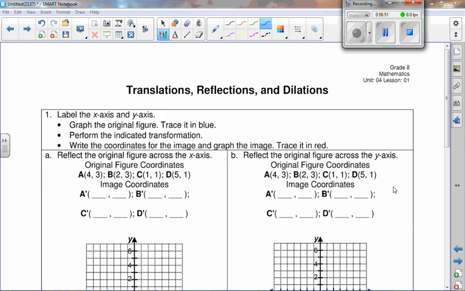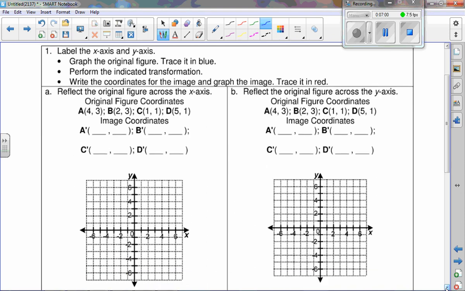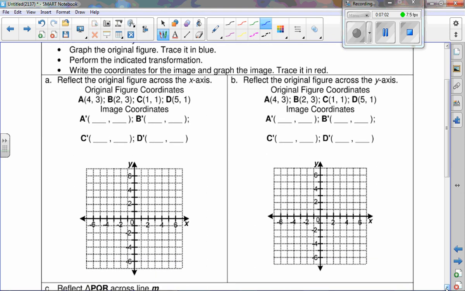Okay, so let's look at a reflection first. On A, we're going to do A together, and it says that we are going to reflect the original figure across the x-axis. So first we need to graph the points of the original figure.